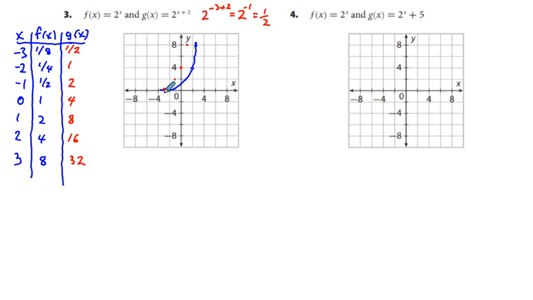So I'm going to do a little sleight of hand with this. I'm going to just use the tool available to sketch in the g of x. I'm going to go ahead and just sketch over the original f of x, as tightly as I can.